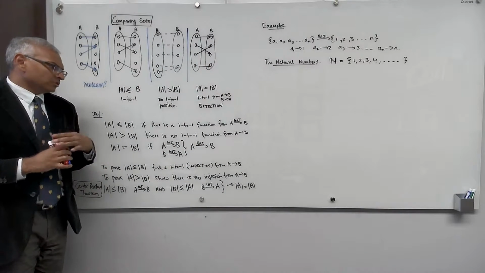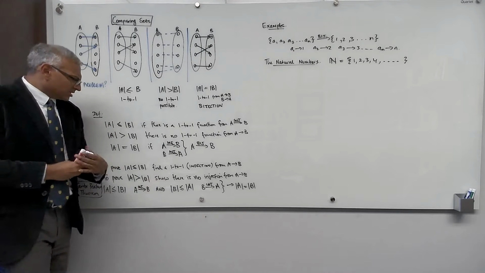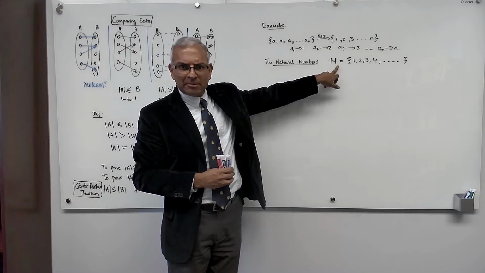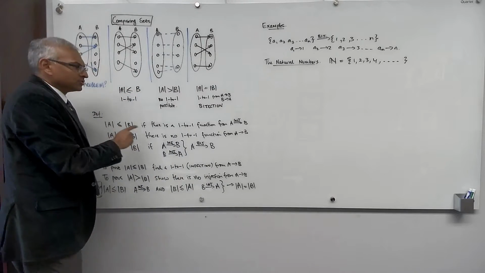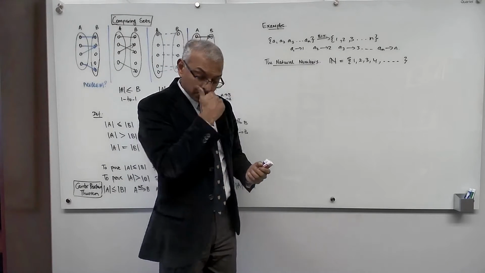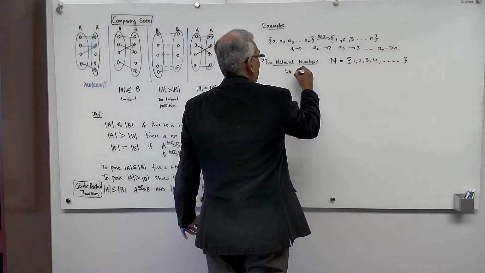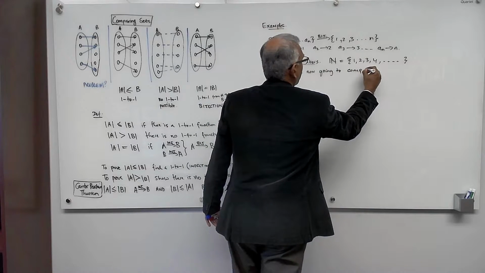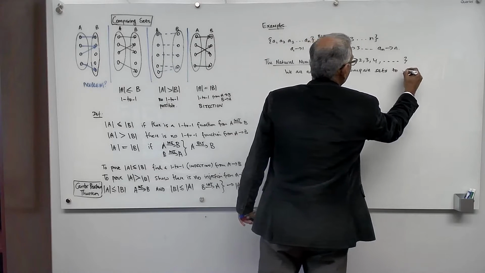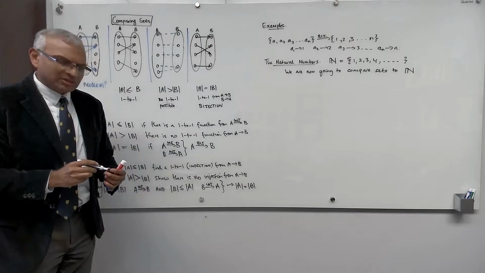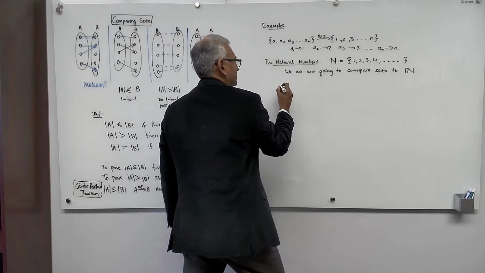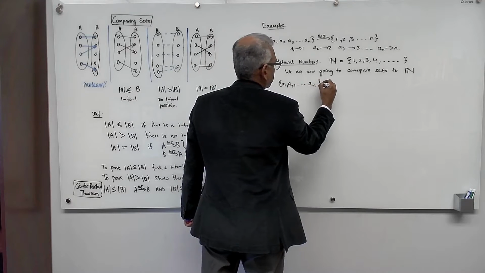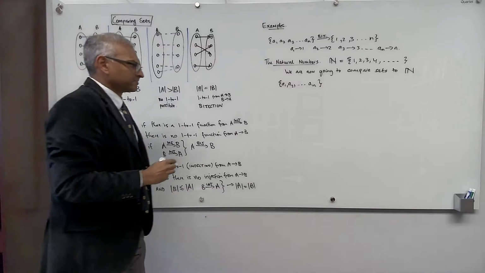We are going to be interested primarily, when studying infinity, in comparing the sizes of sets to the natural numbers. So the cardinality of the sets to the cardinality of the natural numbers. We are now going to compare sets to N. So let's start with any finite set, A1, A2, up to AN.